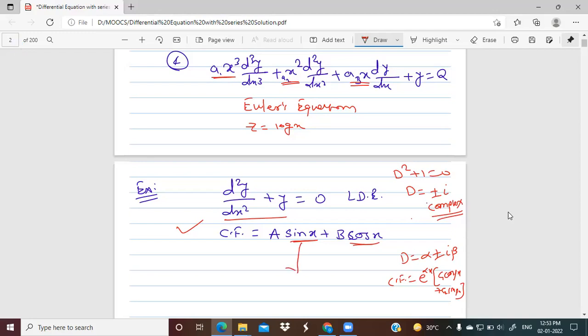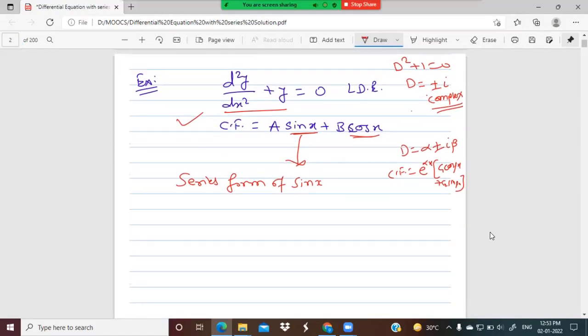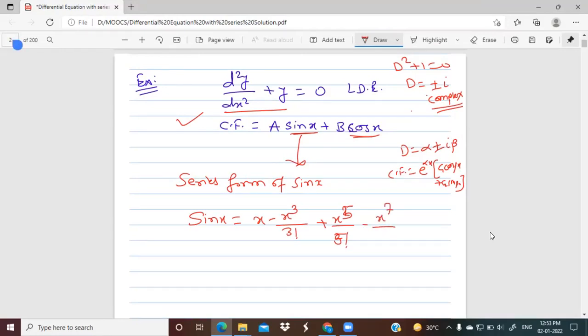But we know that for the sine function we can write the series form, the Maclaurin or Taylor expansion. The series expansion of sin x is x minus x cube by 3 factorial plus x raised to 5 by 5 factorial minus x raised to 7 by 7 factorial and so on, with only odd terms.